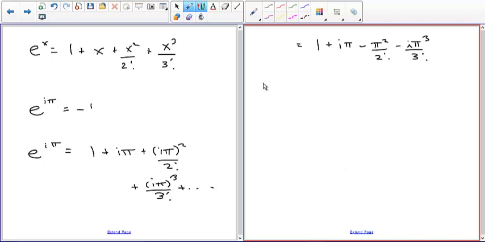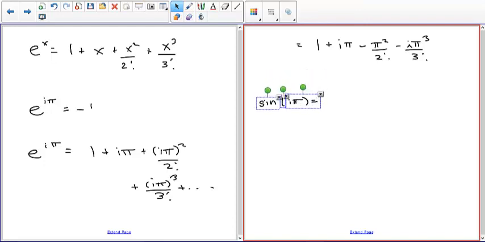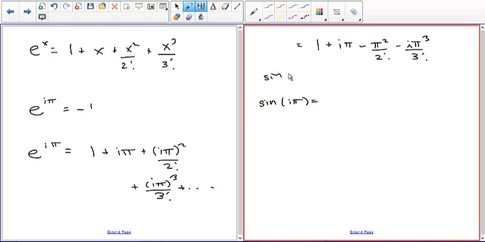Now, you can do the same thing for sine of i times pi. The infinite series for the sine of x is x minus x cubed over 3 factorial plus x to the 5th over 5 factorial.